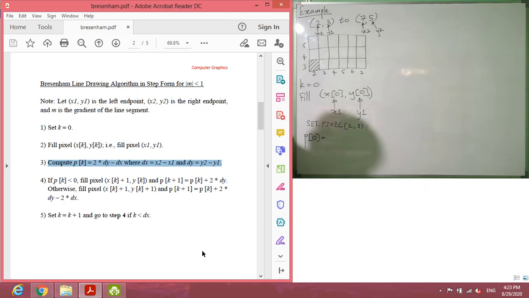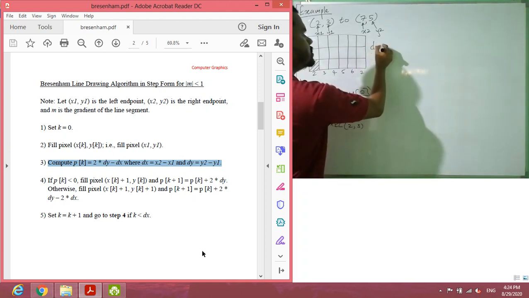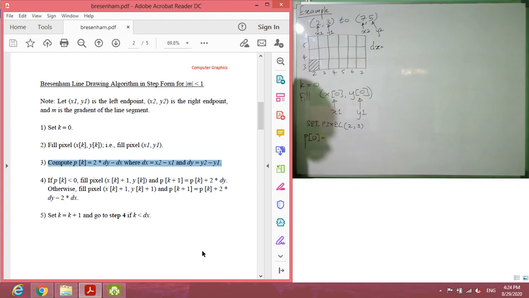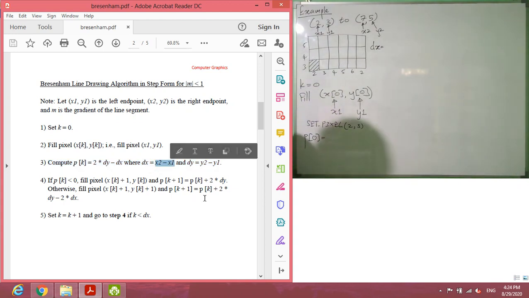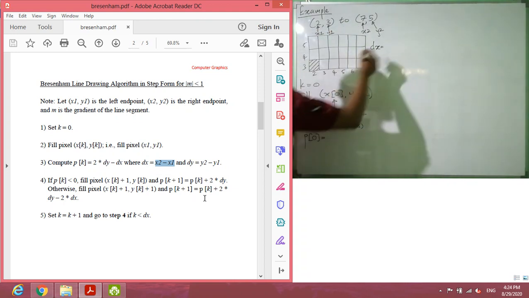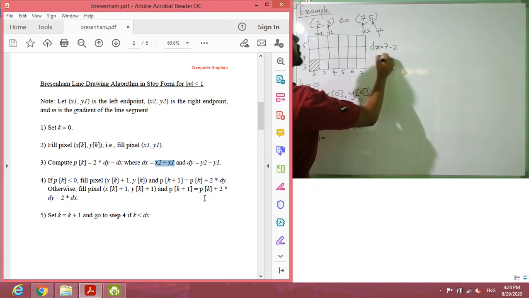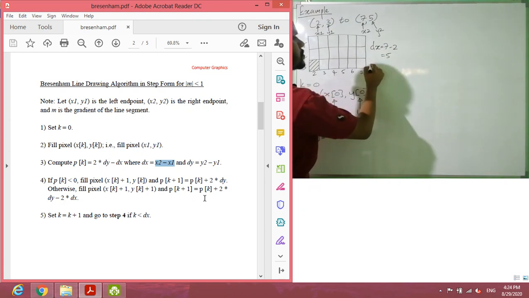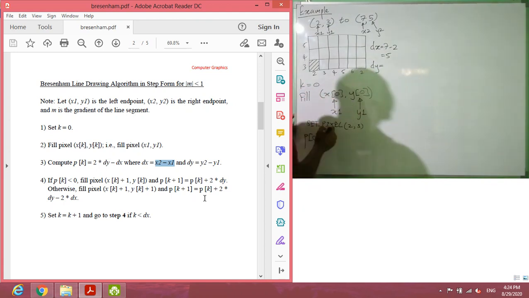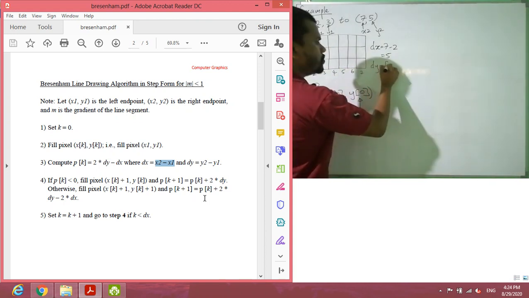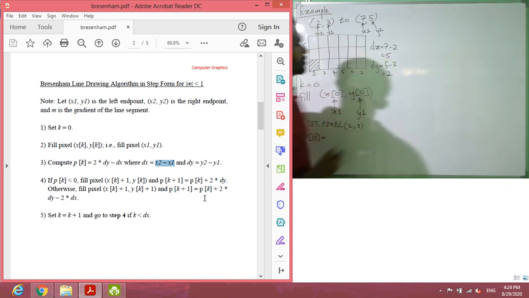In order to compute it, we need the values of dx and dy. What is dx? Dx should be computed by x2 minus x1, 7 minus 2. 7 minus 2 means 5. dy means y2 minus y1, 5 minus 3 means 2.